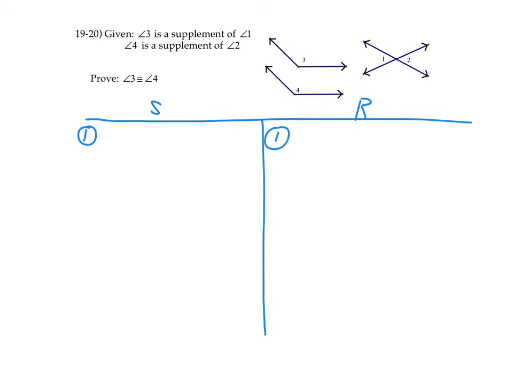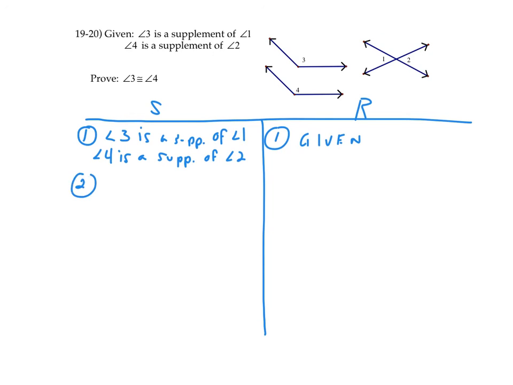Right? If angle 3 is a supplement to angle 1, and angle 4 is a supplement of angle 2, and that was given to us. Let's see what we can discover about angles 1 and 2.